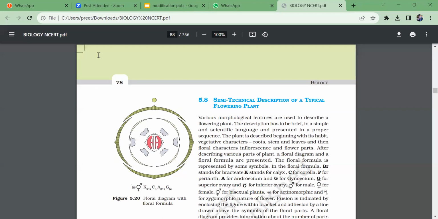Does everybody have the textbook, or do you need time to download it? Is everybody having the textbook? Ma'am, I have the new one. Yeah, I also have the new one. Okay, I think you might get it. I would prefer to have the old one, so you will get it on the website.